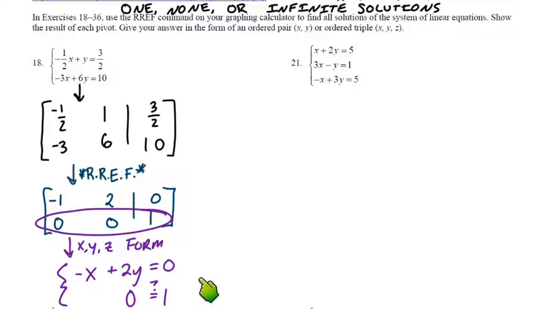If your calculator prints out something that says 0 equals 1, that's a false statement, which means this system has no solution. So right away, that should set off something in your brain: wait, that's wrong, that's a false statement. That means the system has no solution.